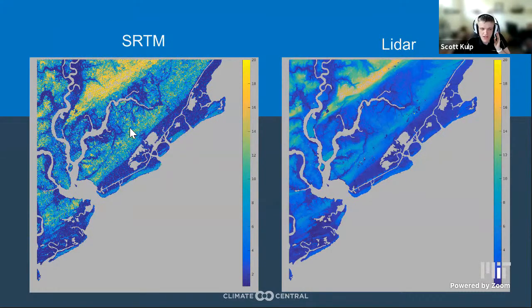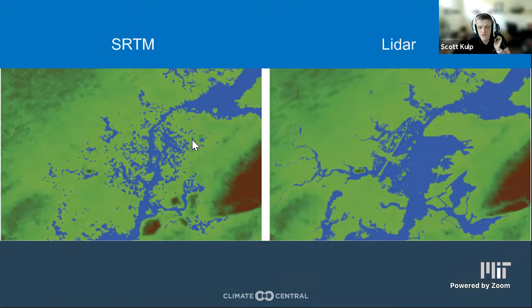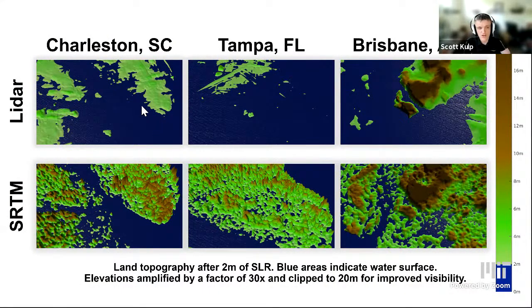This is suburbs, with a lot of vegetation and trees, so the elevations are estimated to be much higher. And there are big consequences, like I said, when it comes to assessing what's vulnerable. Here is an area measuring elevations about 1 meter above sea level, and SRTM is predicting much less vulnerability than LiDAR.